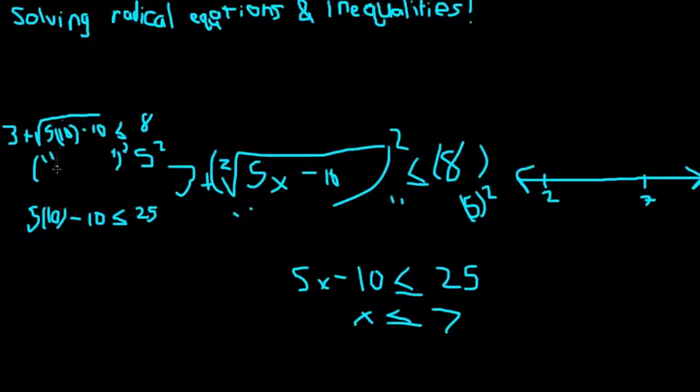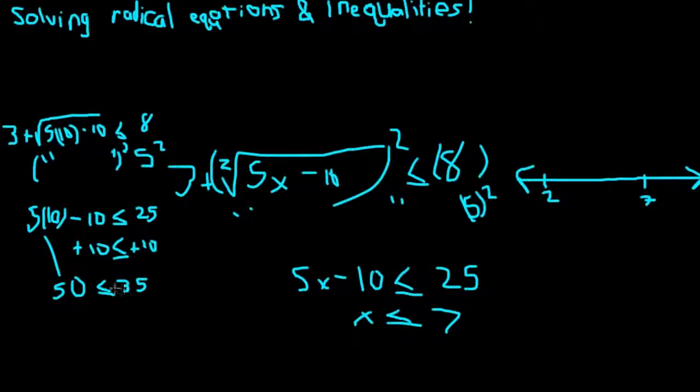So again, the radical disappears. So first we're going to do plus 10, so we can just do this automatically. It turns into 50, and then 25 plus 10 is going to equal 35.